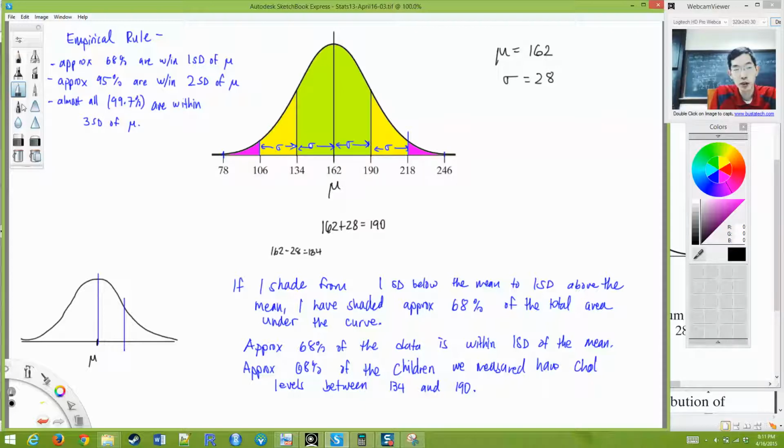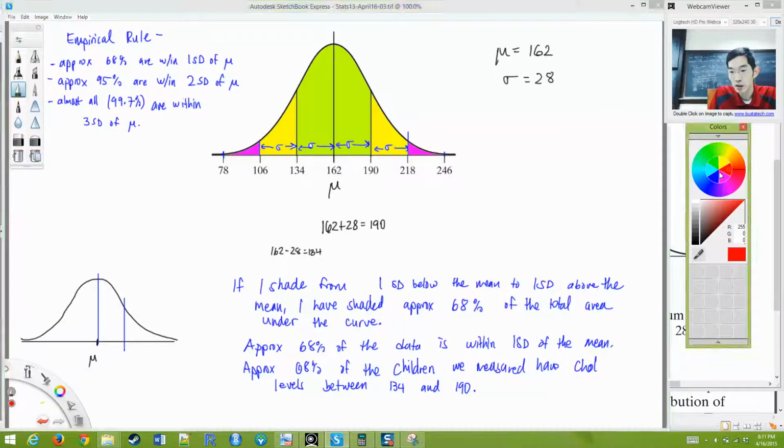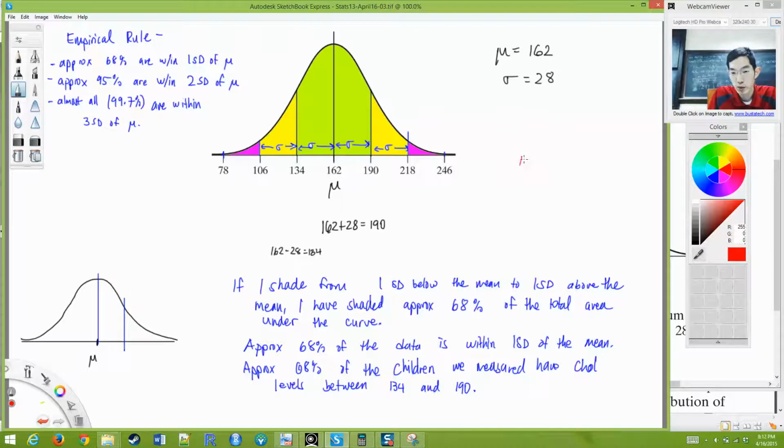And all we would have to do is scratch out these numbers. So if I picked, let's just say, mu is equal to 100 and standard deviation is equal to 10, then all of this empirical rule stuff holds true, except the numbers are now 100, 110, 120, 130, and over here 90, 80, 70, something like that.